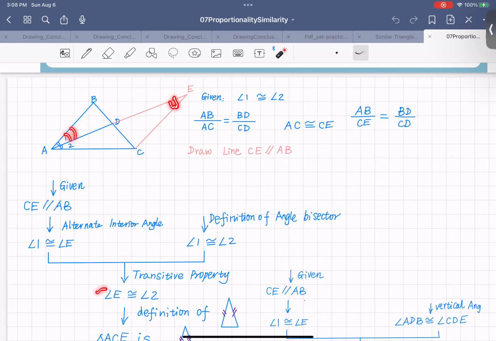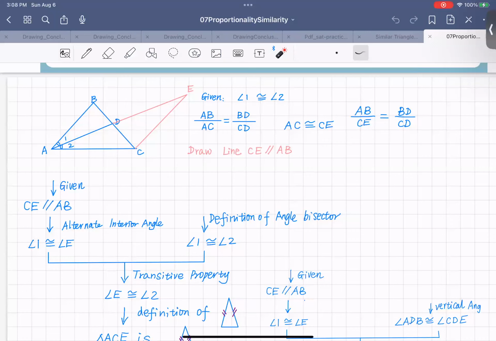Did we already prove this right here? This one is parallel to this, so you have angle 1 congruent to E. Do you have these two congruent also? Yes, vertical angles. Do you have this congruent to this? Yes, because of the alternate angles.